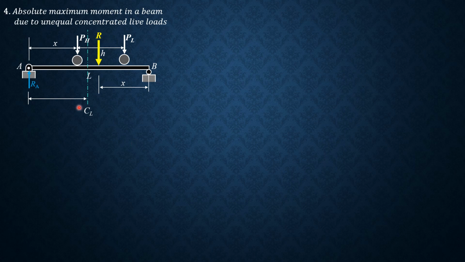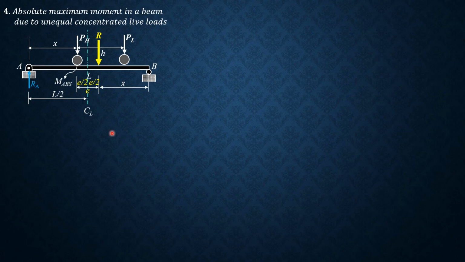So this is L over 2, because it's the center line. That's E, and E over 2, E over 2. So X is L over 2 minus E over 2 from the figure.